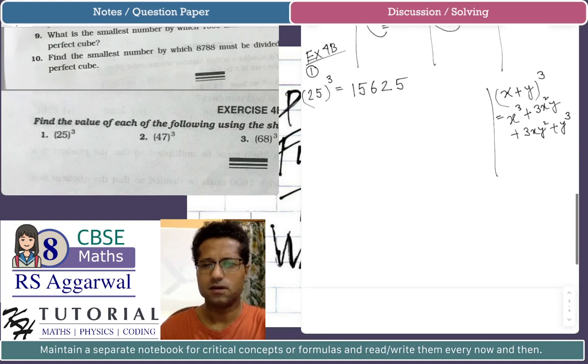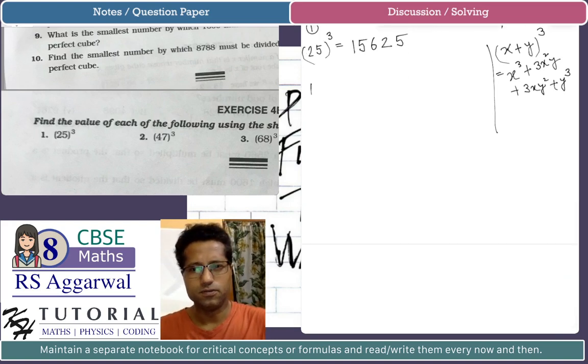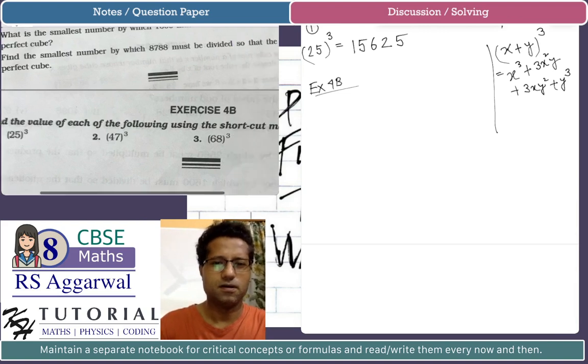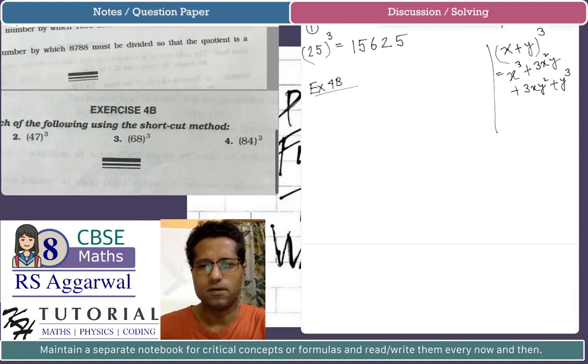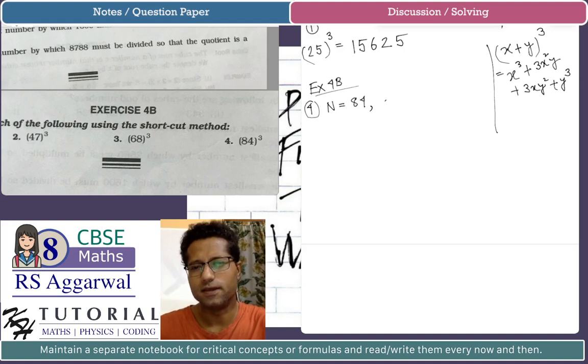Okay, let's do it for exercise 4B. Let's say we are doing problem number 4, that is n is equal to 84. We have to find 84 cube. So here x is 8 and y is 4.